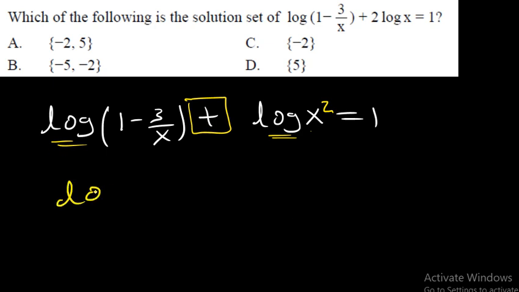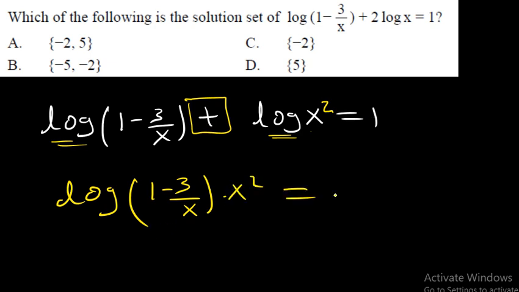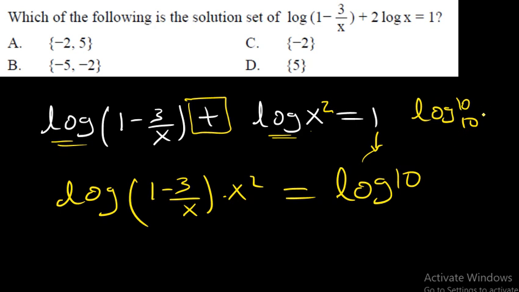This is the same as logarithm of 1 minus 3 over x times x squared is equal to log 1, which means it's the same as logarithm 10. Instead of 1, why do I write logarithm 10? Because logarithm of 10 to the base 10 is 1.